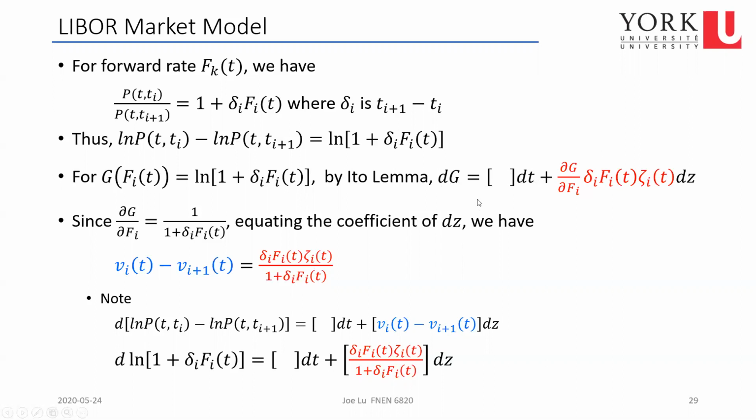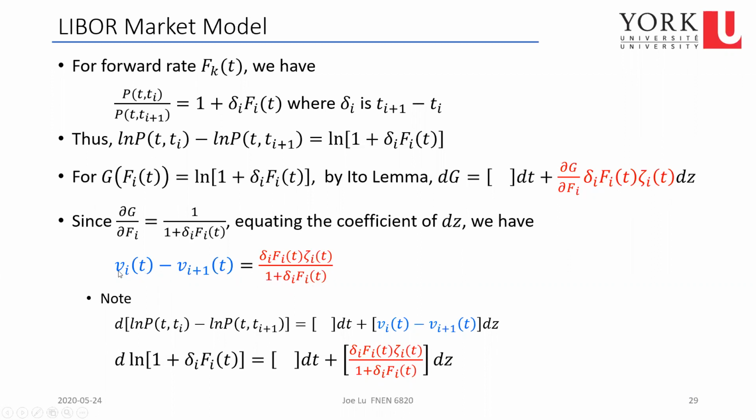Now, what is this partial derivative, dg over dF_i? Well, if you take the derivative, you have 1 over 1 plus delta_i F_i. Now, multiply this with that, and you will have this thing here. So basically this red one here is this. What is it equal to?